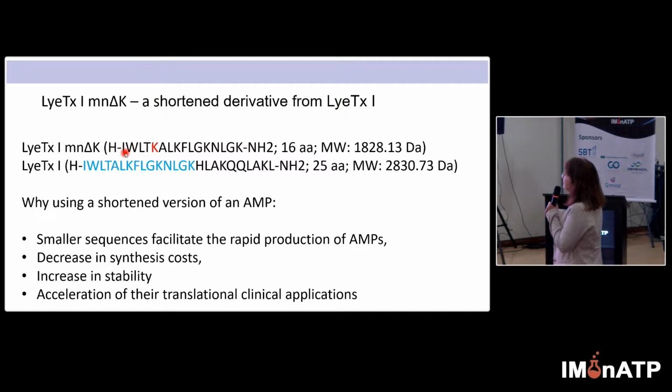They are very similar, but with the introduction of this leucine and the reduction in the C-terminus of the peptide, creating the LyeTx I Mn delta K, which is 16 amino acids.